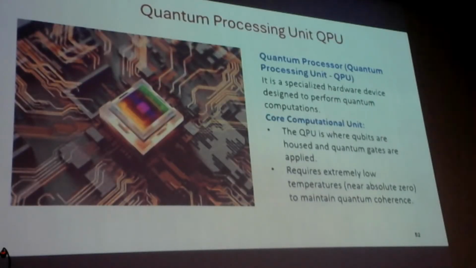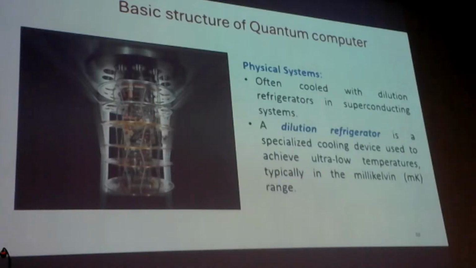Right? Now, quantum processing unit, a specialized hardware device designed to perform quantum computations. QPU is where qubits are housed and quantum gates are applied. Requires extremely low temperatures to maintain quantum coherence. Physical systems, as I told you, are cooled with dilution refrigerators. It should be at ultra low temperatures, typically in the millikelvin range.